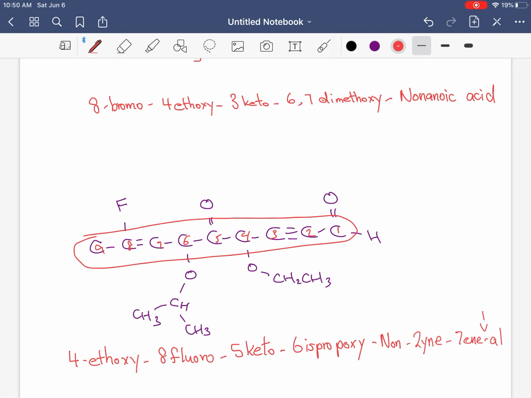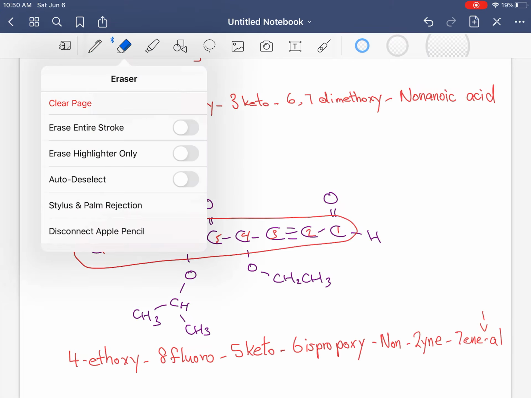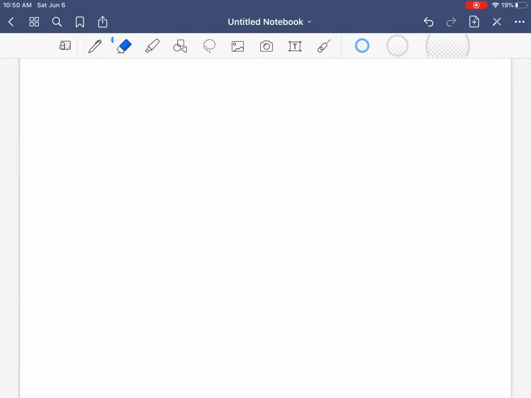So today, we're going to move on to more reactions. Let's clear this page, and let's take a look at another reaction. So today's lesson is reactions of carbonyl.